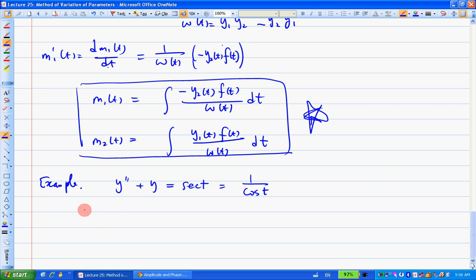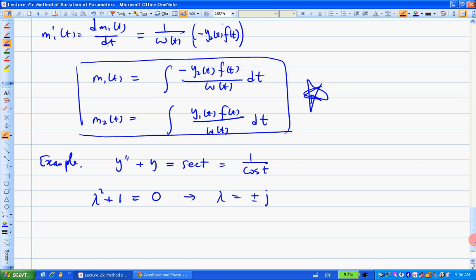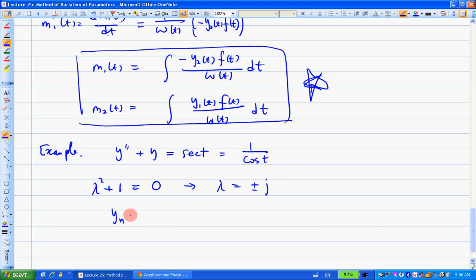Before we do that, as always, the first step is to obtain y1, y2 from the homogeneous equation, so the characteristic equation first. This gives lambda equals plus or minus i. And that means yH will be A1 cos t plus A2 sin t.